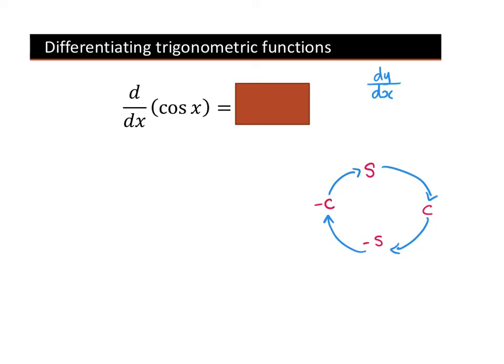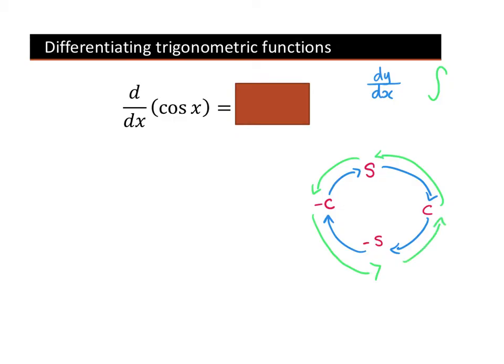Get another colour. Integrating, if we go clockwise for differentiating, which way do you think we go for integrating? Anti-clockwise, absolutely. So cos would integrate to sine, sine would integrate to minus cos integrates to minus sine, and minus sine integrates to cos.